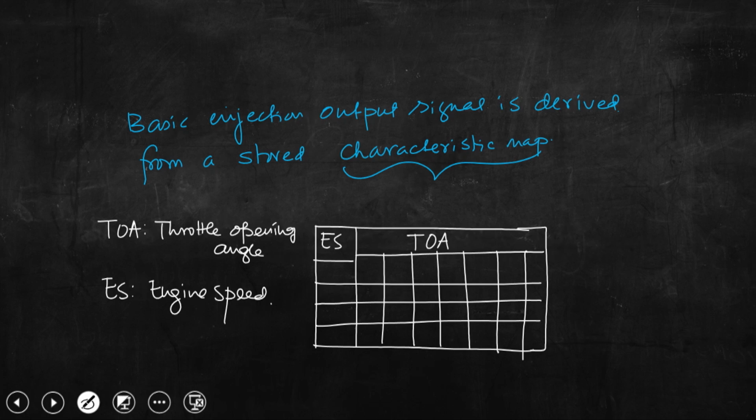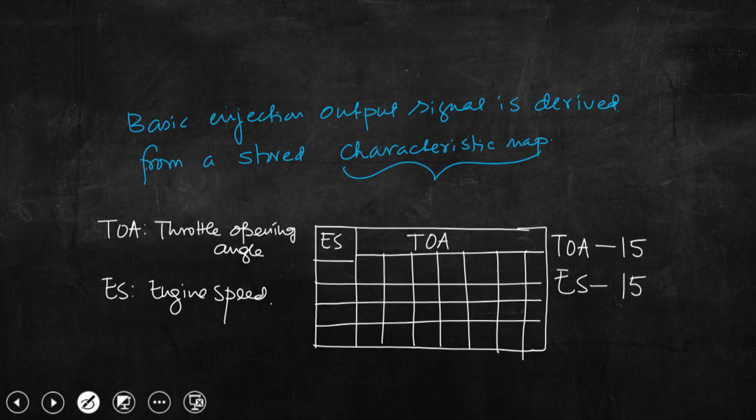So, typically what is done, 15 throttle opening angles are considered to develop this map, and 15 engine speeds. So, we consider 15 data for throttle opening angle and 15 data for engine speed.